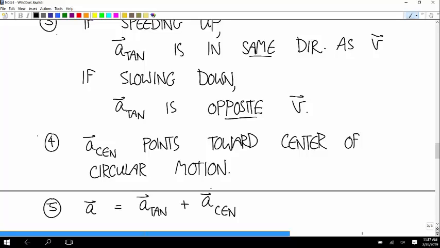Okay, so if you're in uniform circular motion, then there's no change in speed. Speed's constant. One of these two acceleration terms goes away. Which one is zero? The tangential acceleration is zero. And so in the case of uniform circular motion, all acceleration just points toward the center of the circle. Okay? If you have non-uniform circular motion, then in general, that's not true.